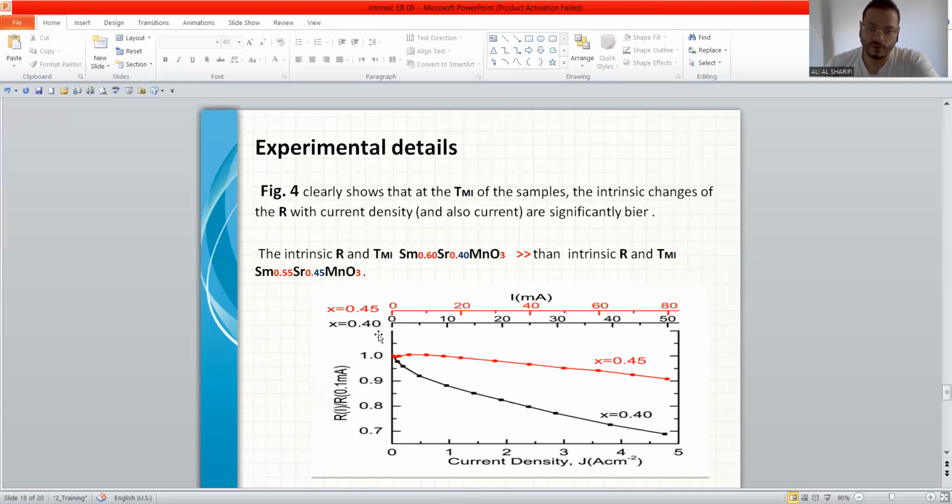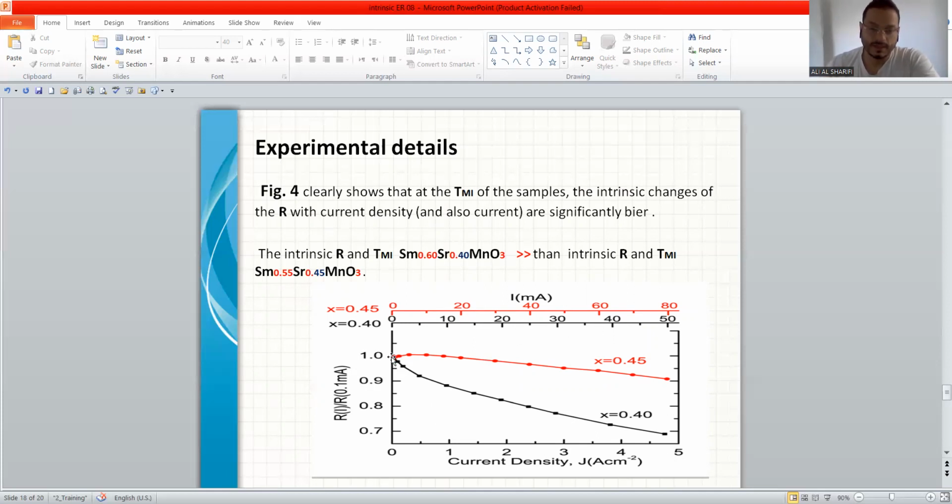At x equal 0.4, the decrease of the resistance is clear, starting from 1 until approximately 0.7 at less than 5 current density.